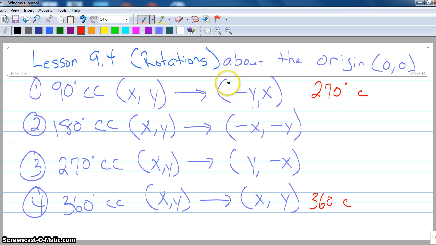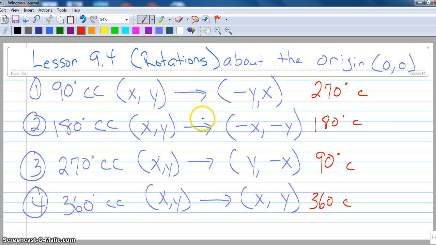It's the same rule. 180 stays the 180. You use the same rule for counter and for clockwise. And for 270 degrees counterclockwise, you're going to use 90 degrees clockwise.